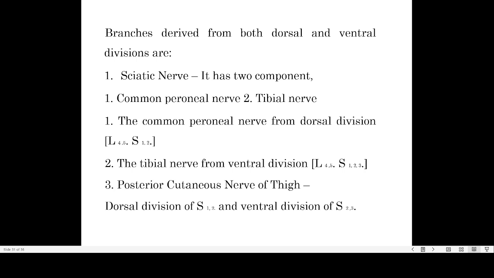Then there is the posterior cutaneous nerve of the thigh, which supplies the skin of the posterior part of the thigh. The dorsal division of S1, S2 and the ventral division of S2, S3 form the posterior cutaneous nerve of the thigh.